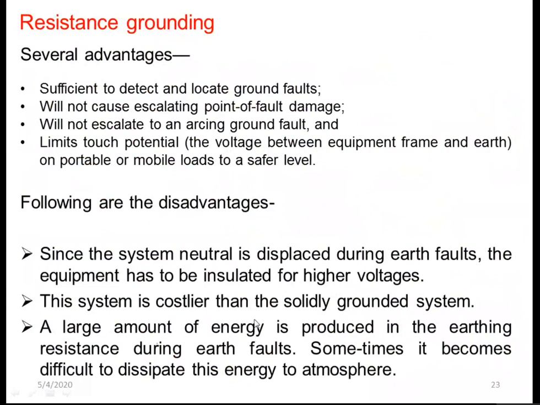It could be in the form of heat energy actually. So when we have the current flow through the earthing resistance, it will generate a high amount of heat energy, and thus this is a concern: how to dissipate that excess amount of energy, because this amount of energy has to be dissipated into the earth soil.